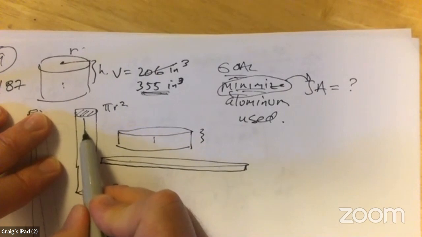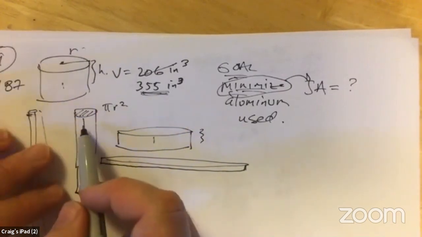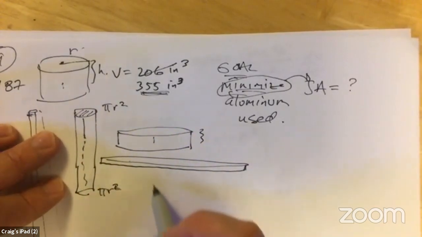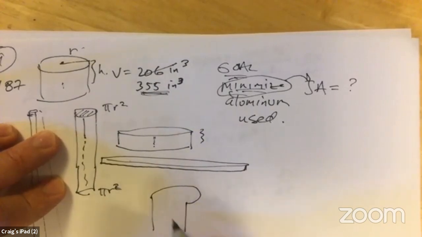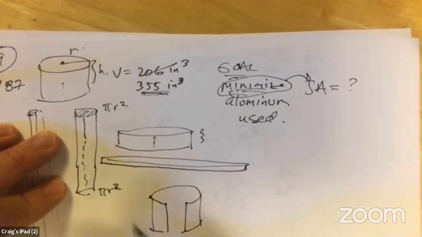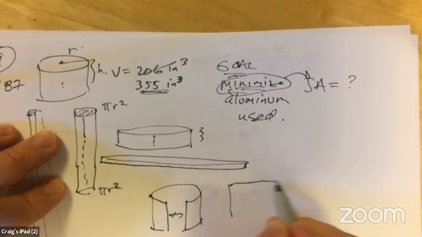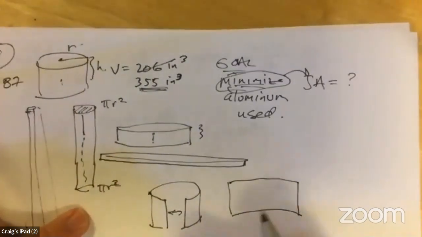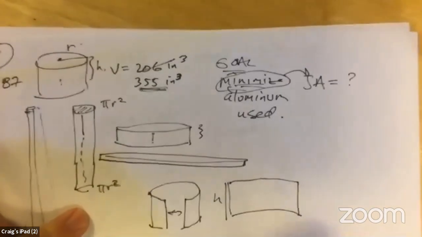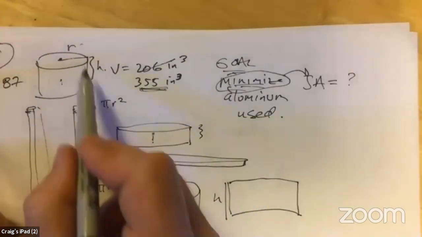And the surface area of the surrounding side: if I cut this and unwrap it, slice it down the middle and spread it all apart, then we're really just talking about a rectangle that was wrapped around the can, with the same height as before.